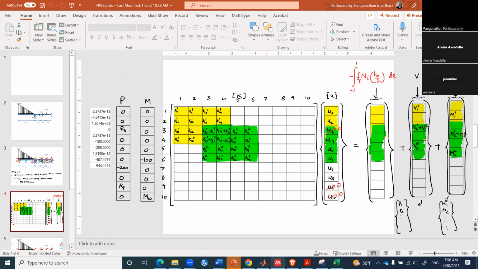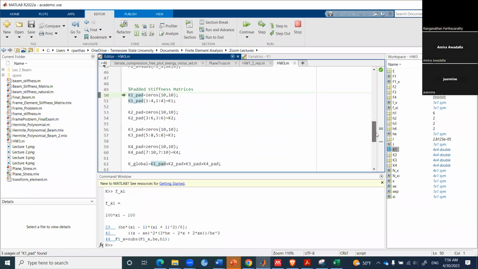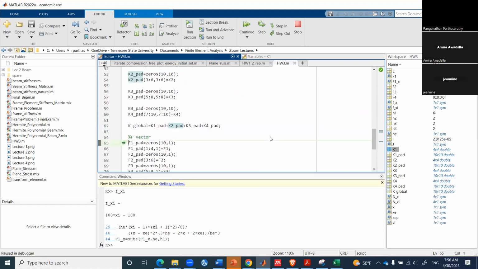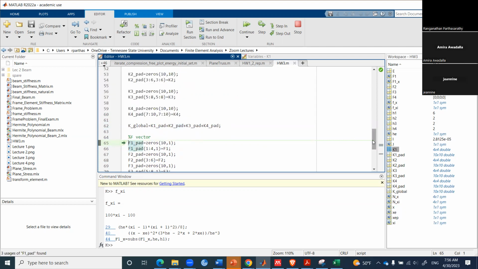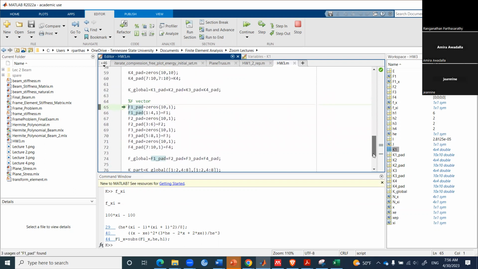So we will do each of that. So element 1, element 2, 3, and 4. Now you have the global stiffness matrix, right? Now you make the padding for F. So now the F1, each of those is 4 by 1, right?